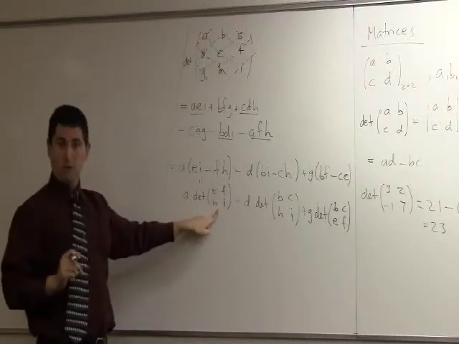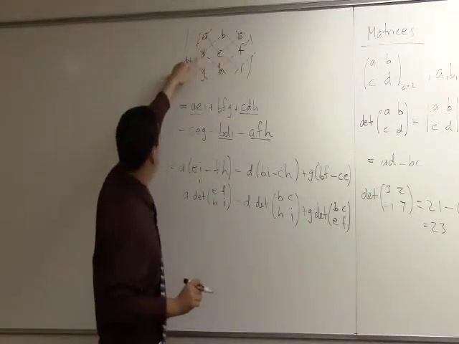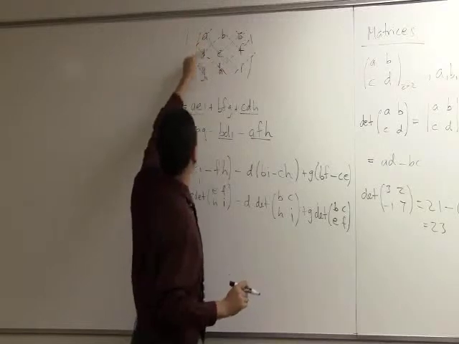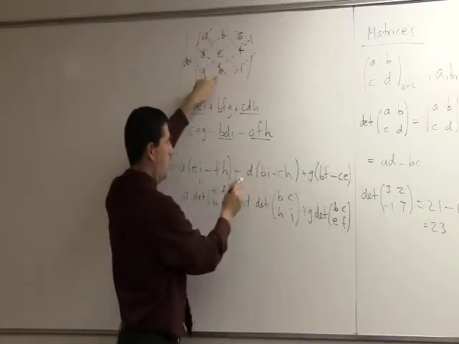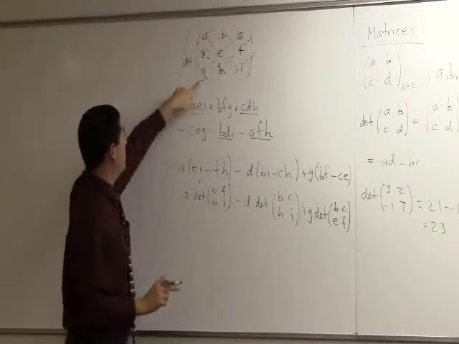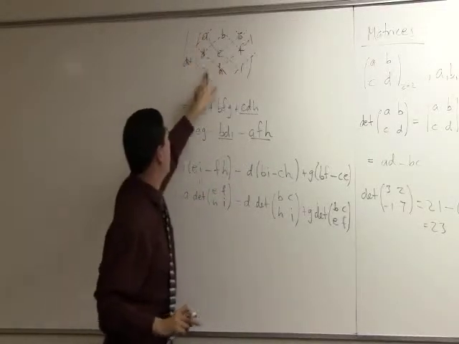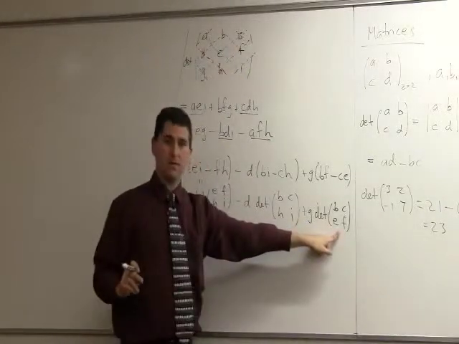That's exactly what you compute the determinant of. Then you do the same thing for D. Cross out its column, cross out its row. You get BI and then the CH. Okay? But it gets a minus sign. And then you do the same thing with G. You cross out the column, you cross out the row, and you're left with BCEF. You compute its determinant.